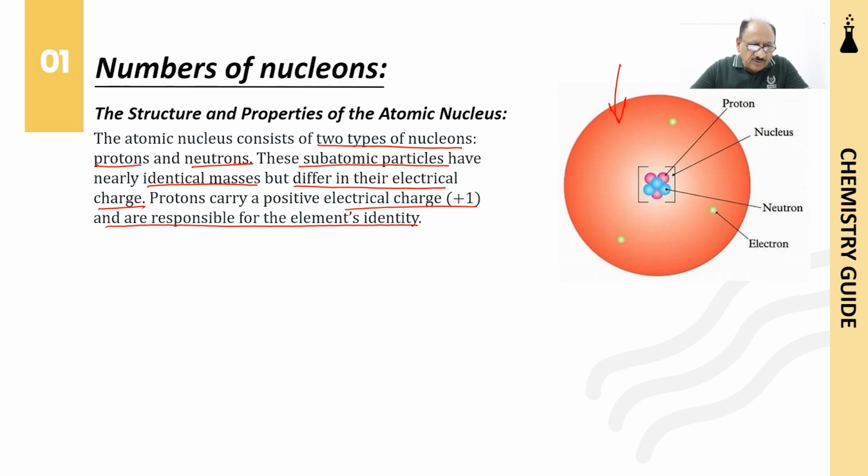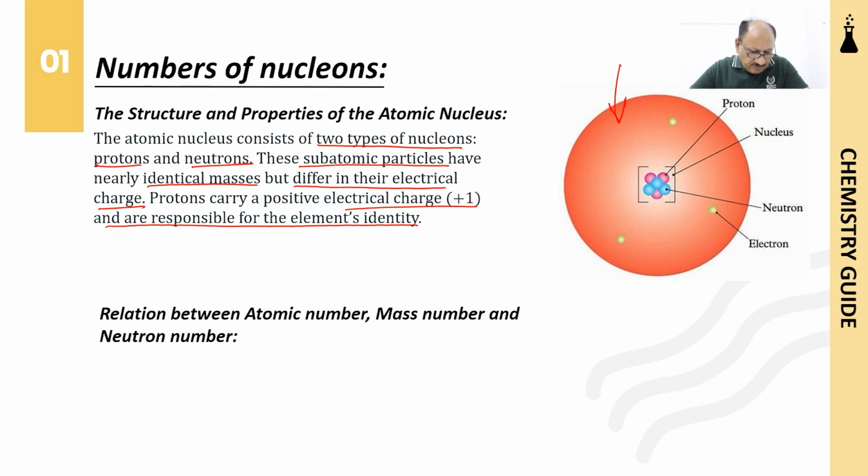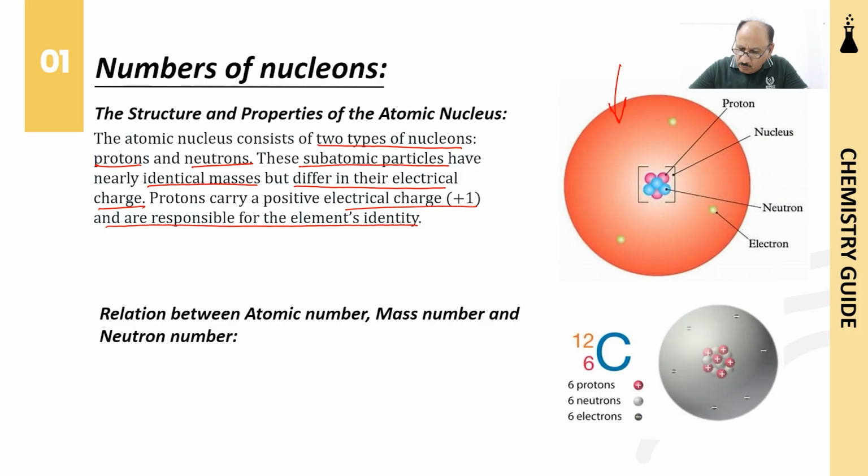Now, the next thing we can discuss is the relation between atomic number, mass number, and neutron number. For example, we have taken carbon, which is carbon-12. 12 is the mass. It contains 6 protons, 6 neutrons, and 6 electrons.